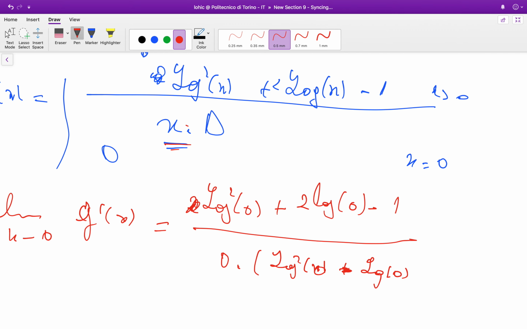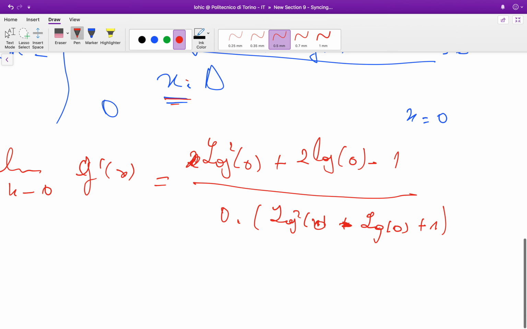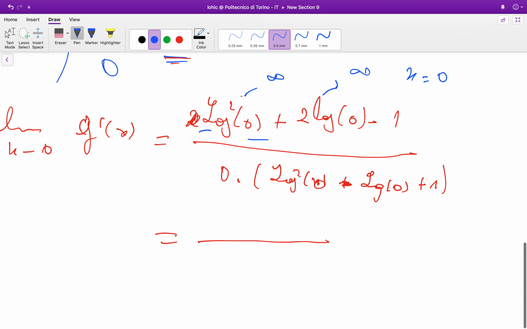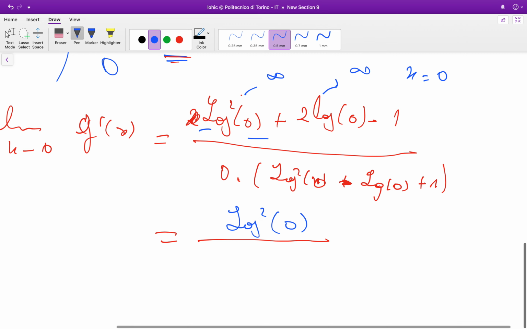Yeah, so this is 0 plus 1. Okay, so this is the situation we have. Let's try to simplify. Basically at the numerator, these are all infinities, right? Because this is going to infinity, this to infinity, and this is a number. So we take the most important one, this one, getting log square of 0 at the numerator.